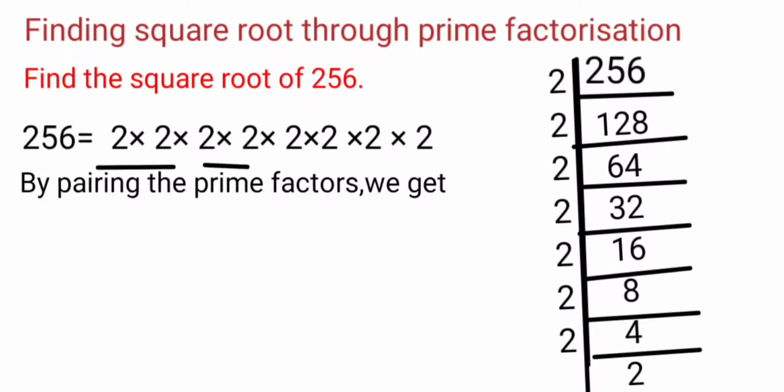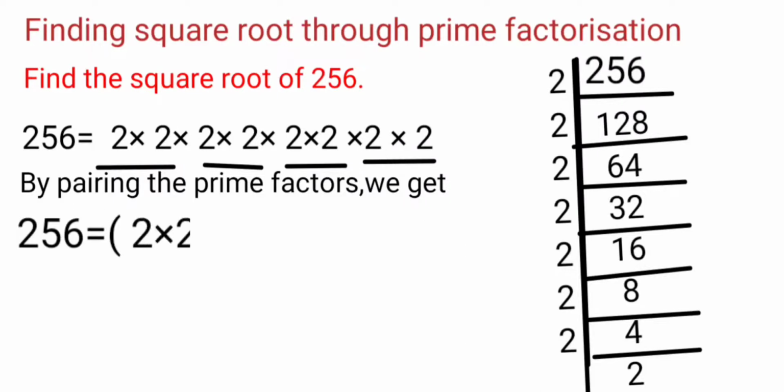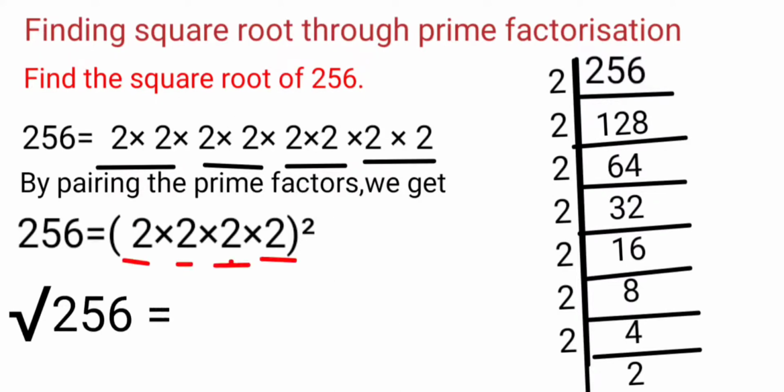2, 2, 2, 2: we pair these, pairing up the same numbers. So 256 is equal to 2 into 2 into 2 into 2, because we have 4 pairs. The first pair gives 2, then the other pair gives 2, and the rest. So the square root of 256 is 2 into 2 into 2 into 2, that is 16.